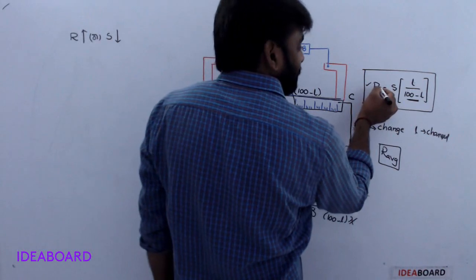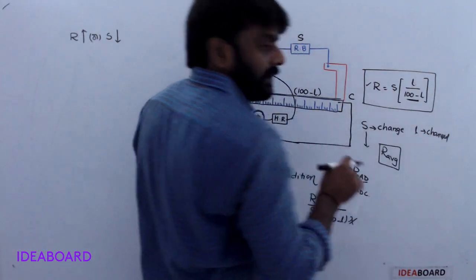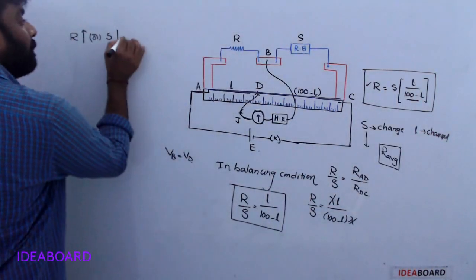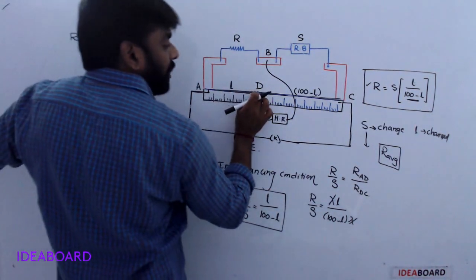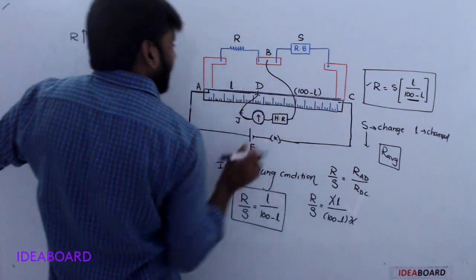If R increases, L also increases. Now the balancing point shifts towards the right.